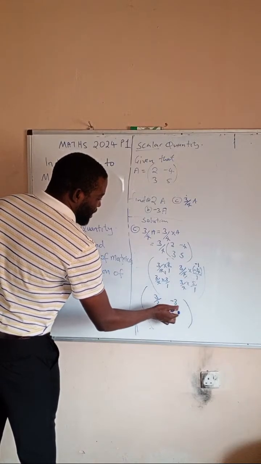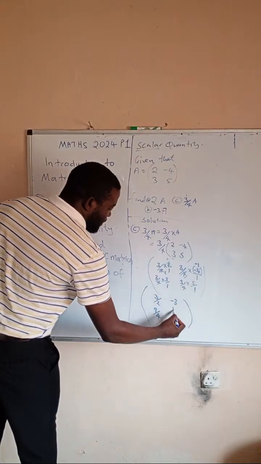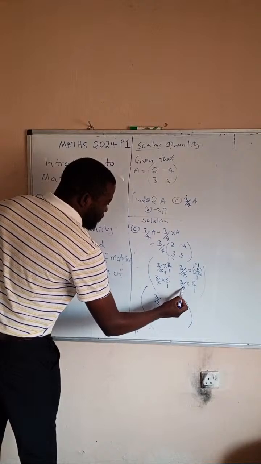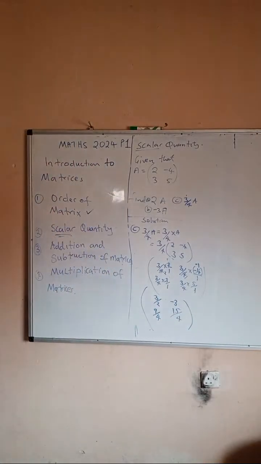It's as good as not putting a 1, because it's over 1. 3 times 5 is 15, over 4 times 1, which is 4. That is the final matrix. I hope you have picked an idea. That's a little about scalar quantity.